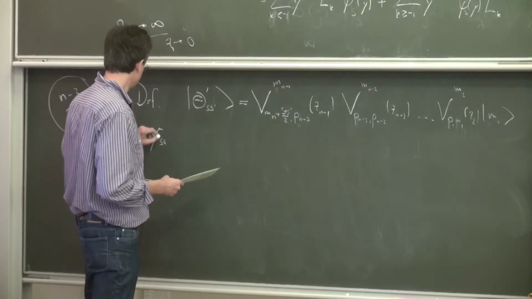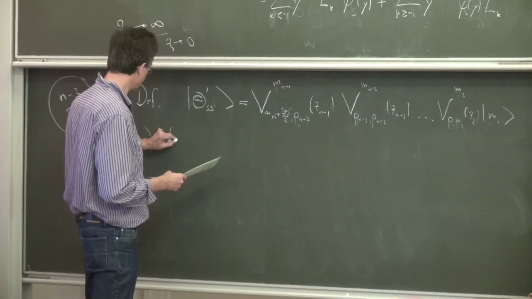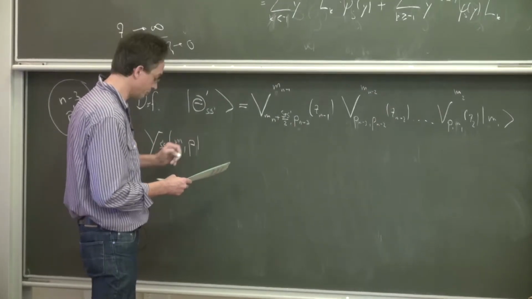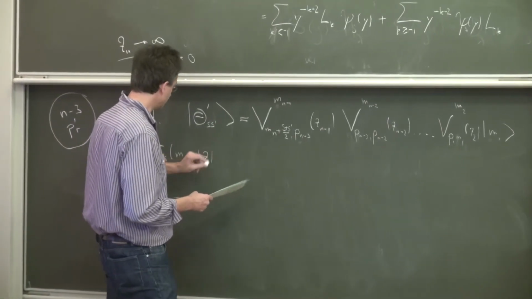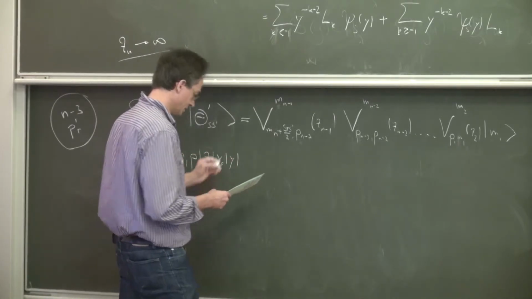So psi s prime s is now a function depending on m, that's the collection of all m's, p, the collection of all p's, z, the collection of all z's, a y0 and a y.